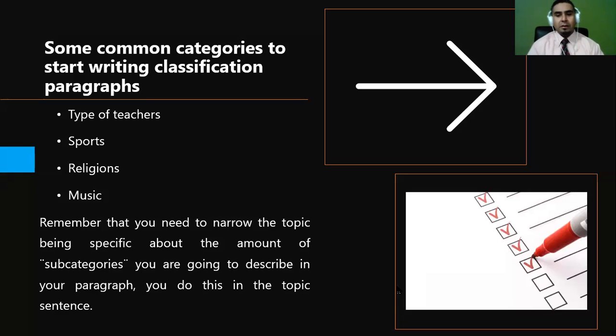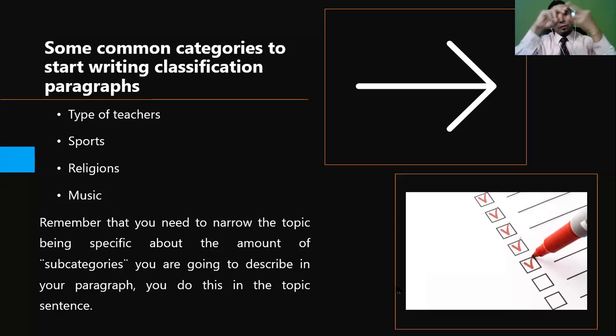Now, look at this. Some common categories to start writing classification paragraphs. Okay, we have types of teachers, sports, religions, and music. Now, if we want to write about the types of teachers, we could write about a math teacher, we could write about a science teacher, okay, use them as categories.